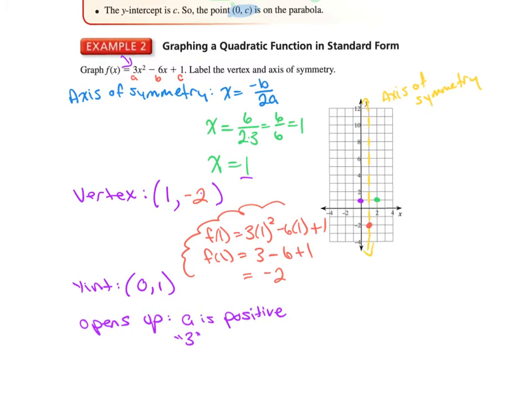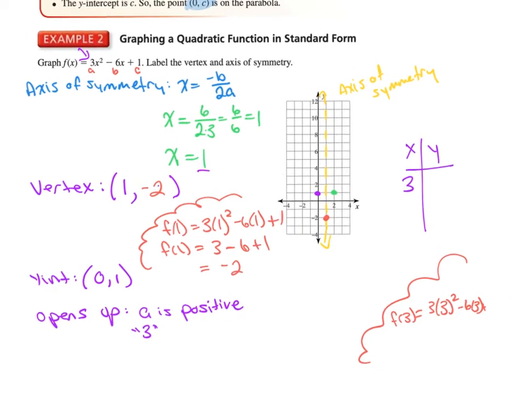So let's do that, because I like to be a little more accurate. So x, y. I can plug in 3 or I can plug in negative 1. It doesn't matter. I'm going to plug in 3. So f of 3 equals 3 times 3 squared minus 6 times 3 plus 1.